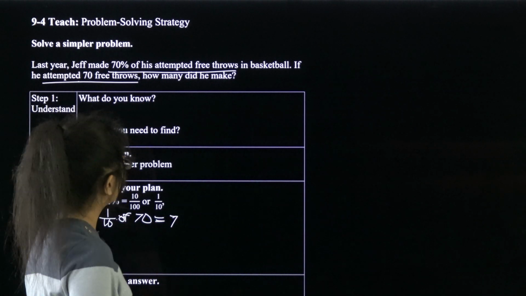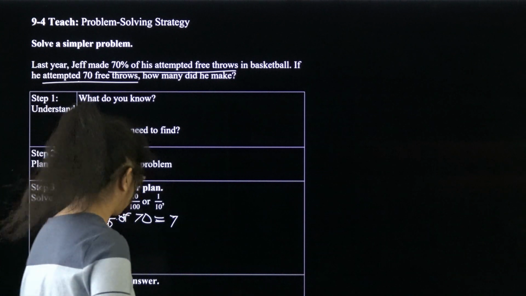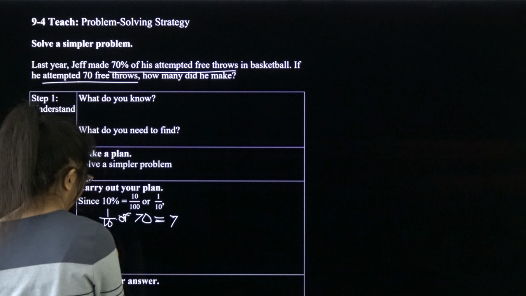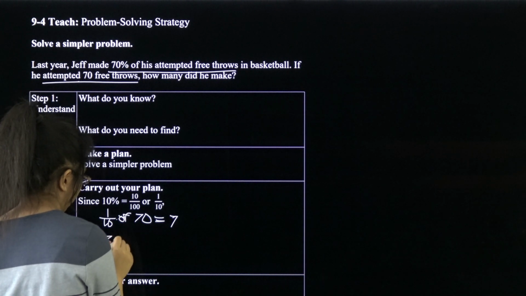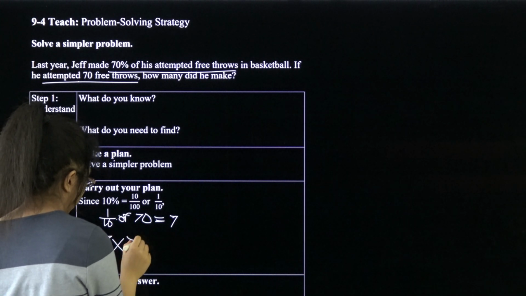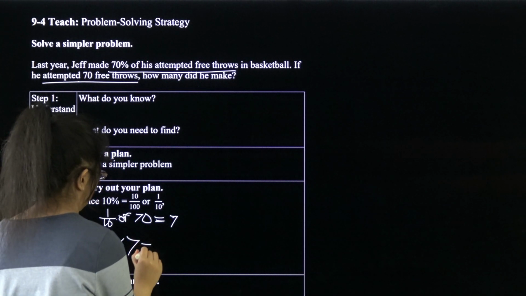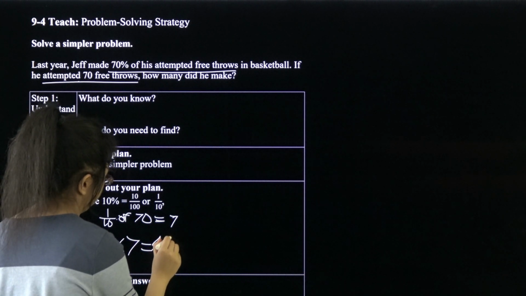And since 70% is 7 times 10%, then 70% would be 7 times 7, because 7 is the amount that 10% is, and that would be 49.